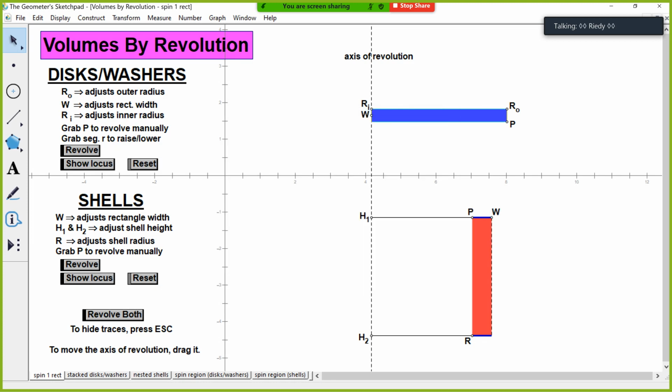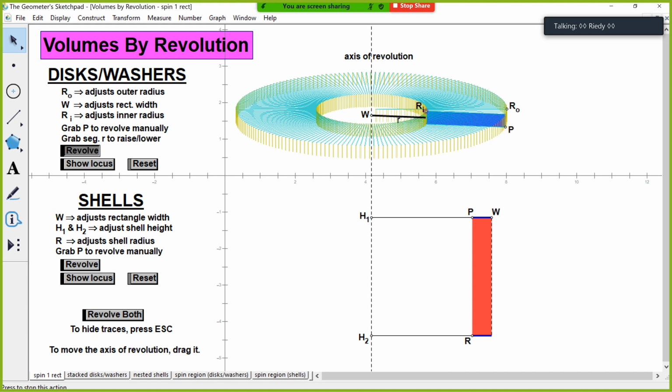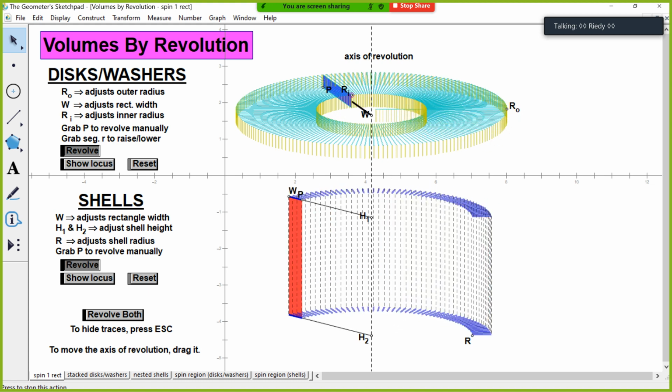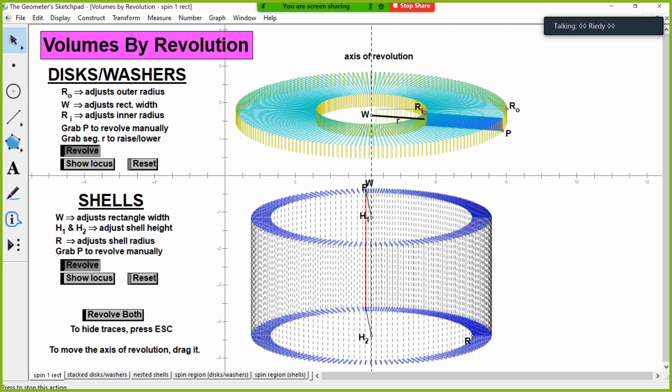So if we slide it off there and then revolve it, you see how we get a washer. Now we've talked about discs and washers just as a precursor. Eventually, not anytime soon, after spring break, we're going to calculate those, which are called shells. But that's for a later time.